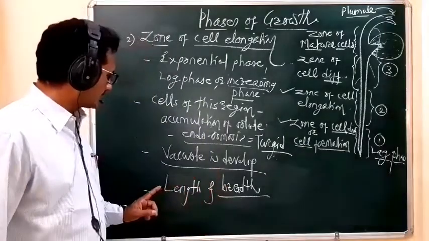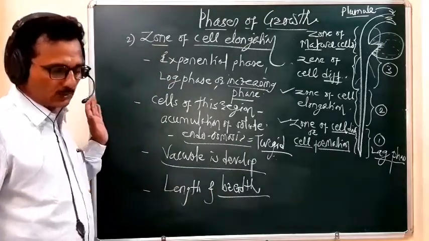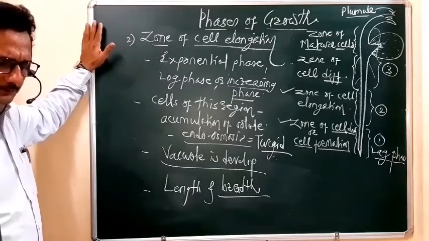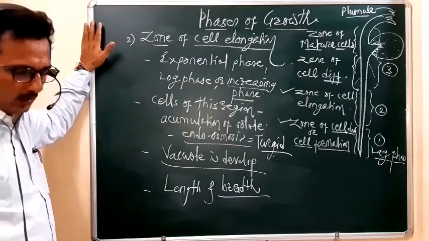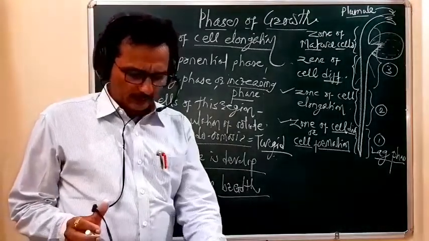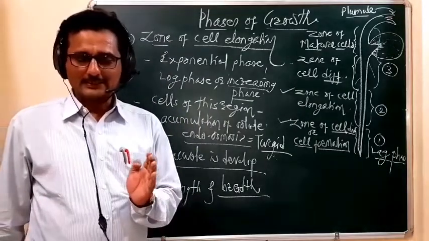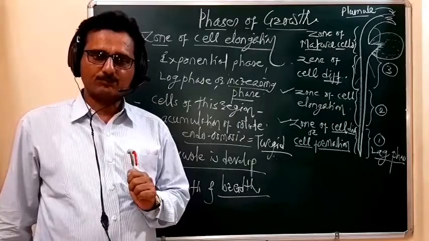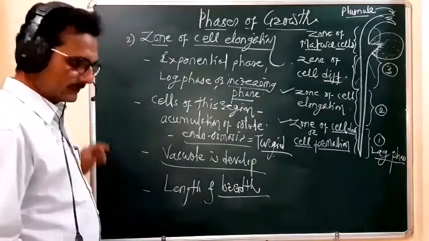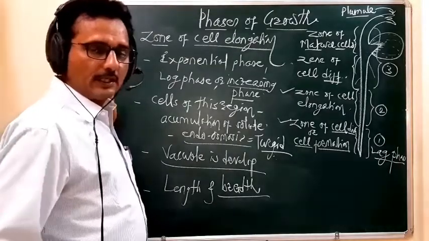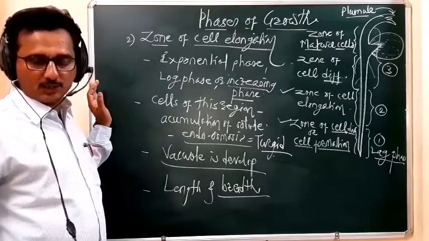But here in the zone of cell elongation, we observed the cell wall becomes thick. How does the cell wall become thick? Because of two processes, called apposition and intussusception.